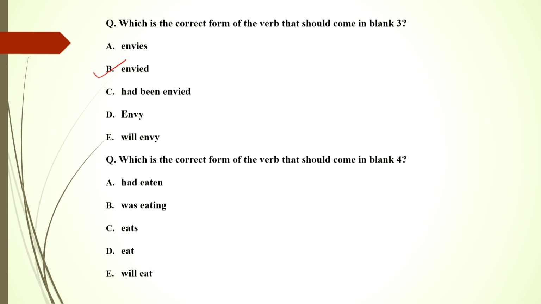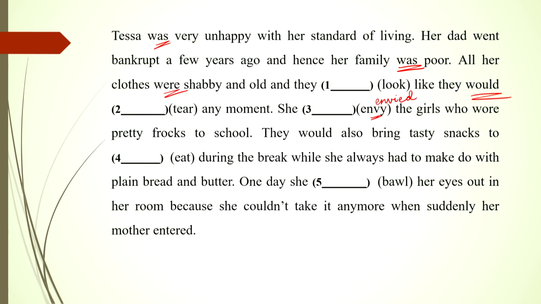Fine. Now, next question is, which is the correct form of the verb that should come in blank 4? So, again, if you observe carefully, before blank 4, to is used. The word to is frequently used with the infinitive. Infinitive is the verb in its basic form.